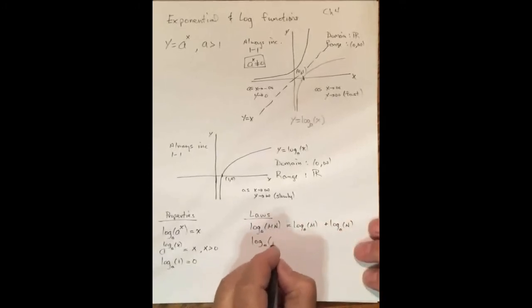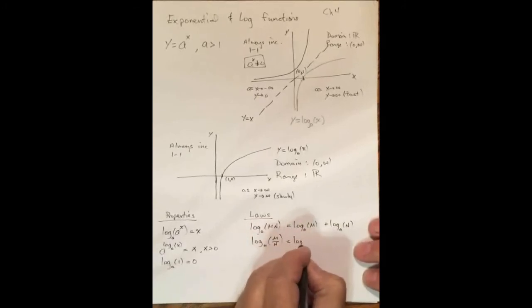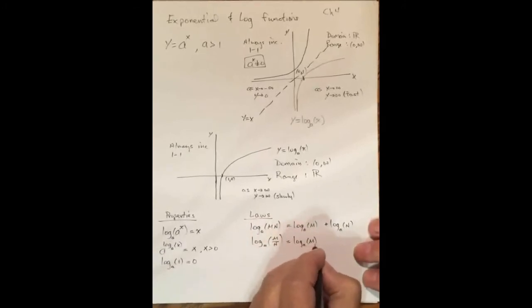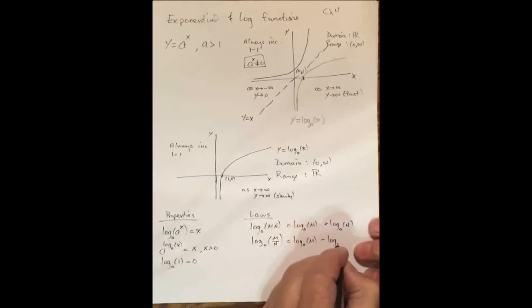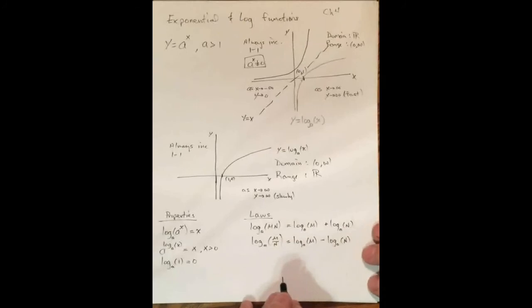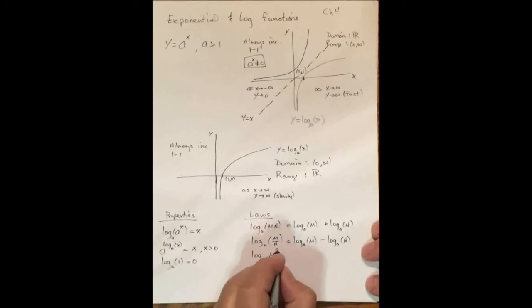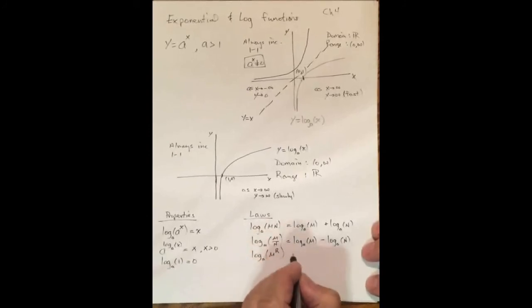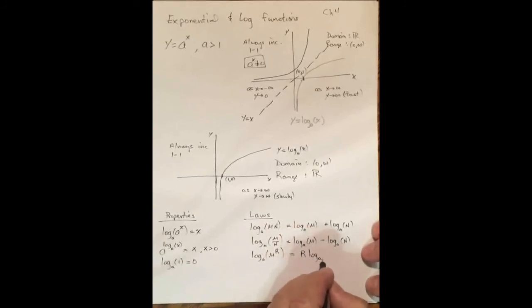If we take the log of a quotient, then we subtract the logs. Remember, this all makes sense because a logarithm is just an exponent. And finally, we have log base a of m raised to the power of r. This is going to be r times log base a of m.